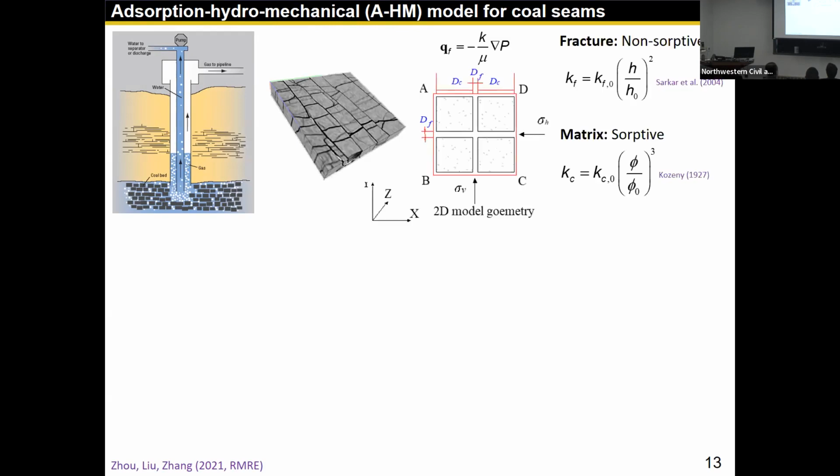Then we opt to set up this very simple two-dimensional plane strain geometry where the gaps are the fractures. They are modeled by continuum elements with non-sorptive models. The flow in the fracture is governed by Darcy's law with the cubic law. And the big blocks are coal matrix. The flow follows the same equation, but the permeability is governed by the Kozeny-Carman equation.